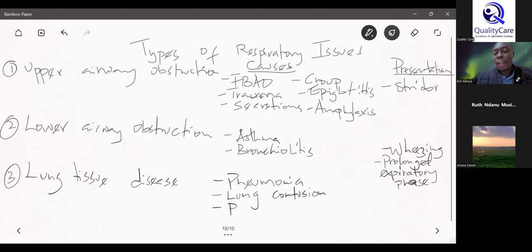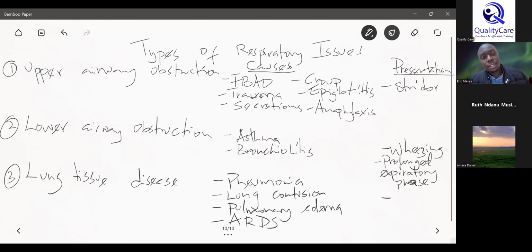You can have pulmonary edema. You can have ARDS. Now, how would the patient present?